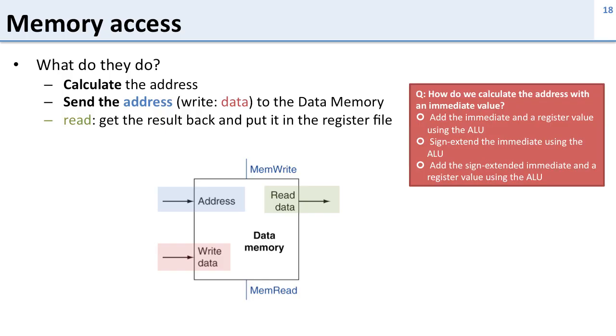So here's another question that's actually somewhat more important. How do we calculate the address with an immediate value? So if we want to calculate this address, can we add the immediate and a register value using the ALU? Can we use the ALU to sign extend the immediate value? Or do we need to already sign extend the immediate value and then use the ALU to do the add?